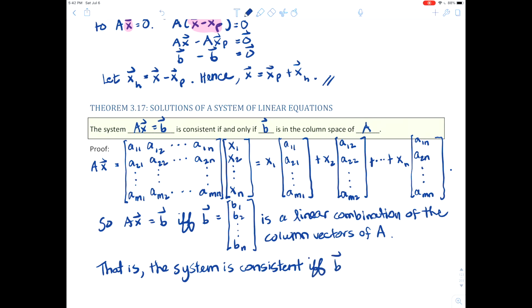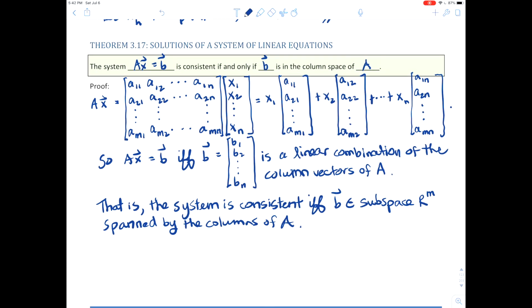Beautiful. B is an element of what? The subspace Rm spanned by the columns of A. Pretty groovy, huh? All right, so that's it for this proof.